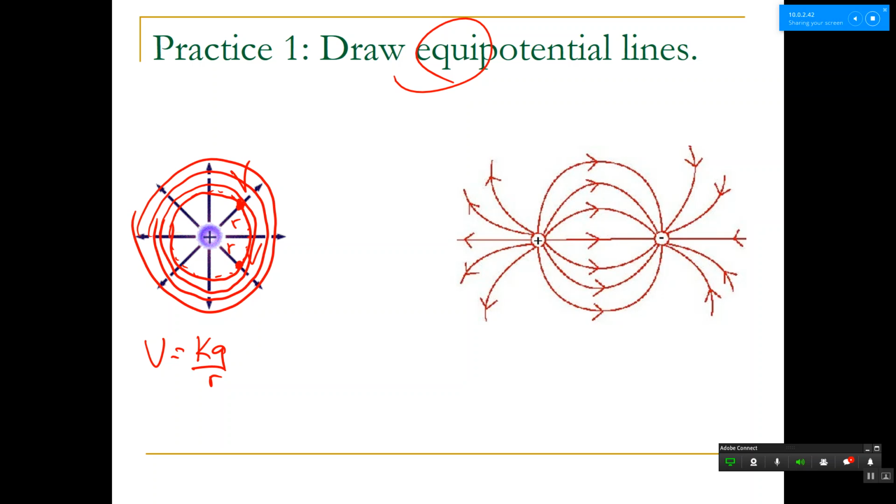Very good. Smaller because the radius is getting bigger, the distance from the center is getting bigger, therefore the denominator is getting bigger, and the voltage is going to go down. So this is a bigger number, then a smaller number, and an even smaller number here. Do you guys understand? Please remember that, because that's the major part of the lab that you're going to need to do.